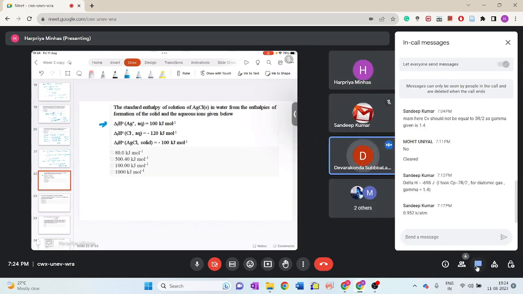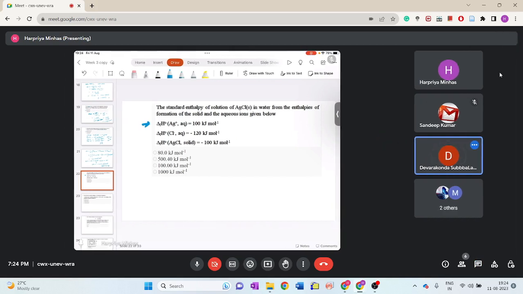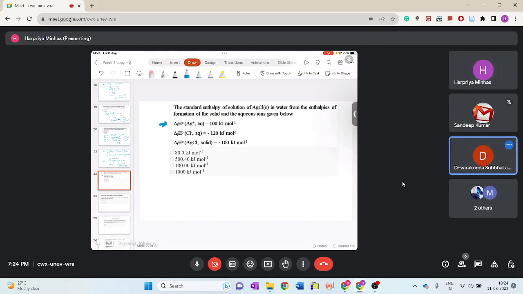Madam, the answer is 80 kilojoules per mole, the first one. Yeah, exactly, 80 kilojoules per mole. It's very easy and very clear. So just write down the equation and you will get the answer. It's just addition and subtraction of all these values based on your equation.